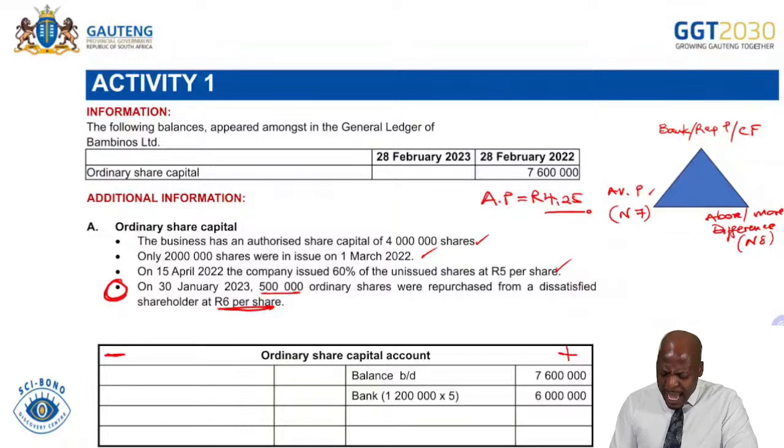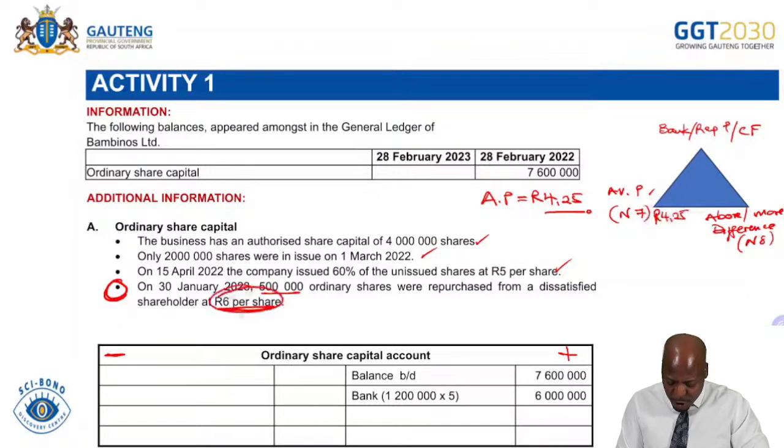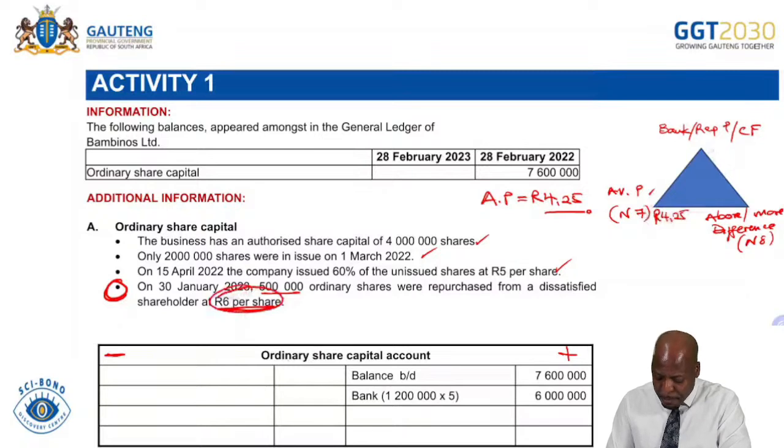Already we have the 425, and what do we call it? The average price. That means when I come to my triangle, on this left side, I am going to have my 425. But I have been told that we paid 6 rand per share. That is the repurchase price that I bring to the top of my triangle, which is my 6 rand.